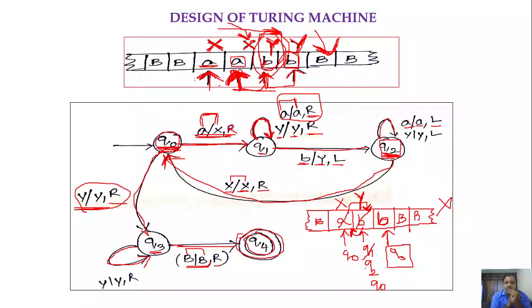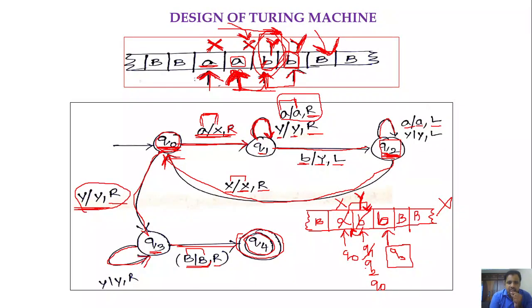So this is how we can check for acceptance and rejection. I think you got a clear idea why we are considering the states Q3 and Q4. In Q naught, if we get Y, we move towards right to search whether all the B's were marked as Y's or not.